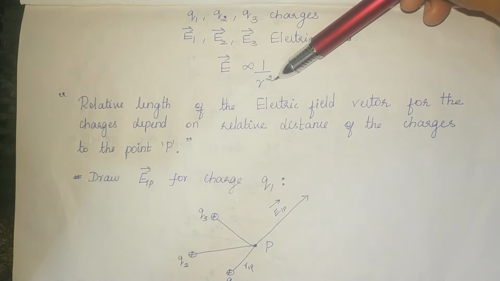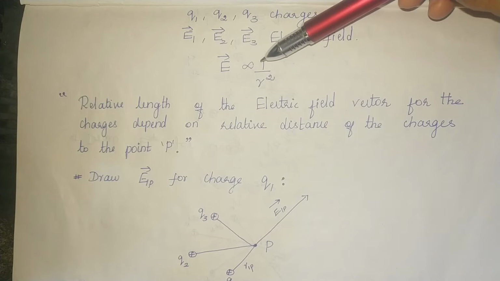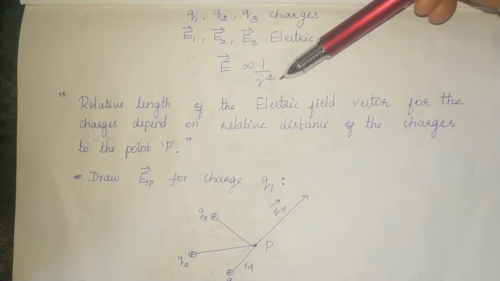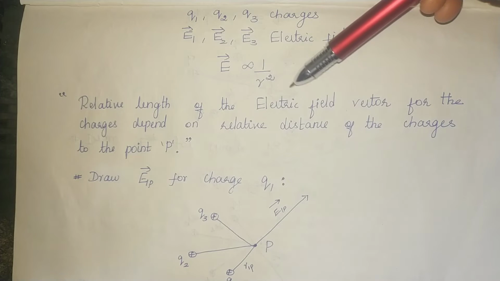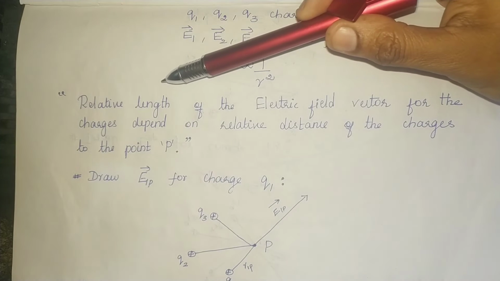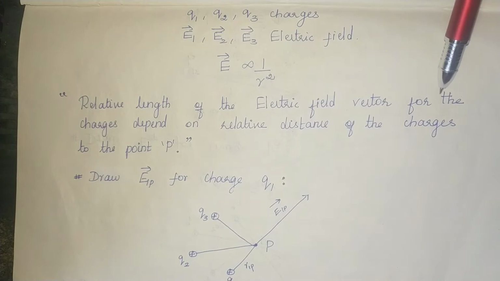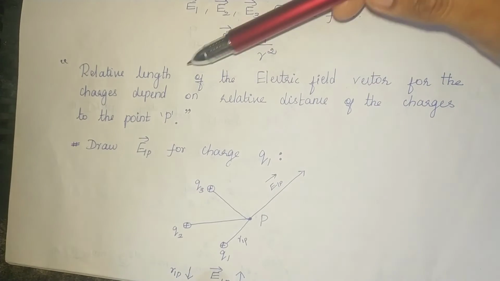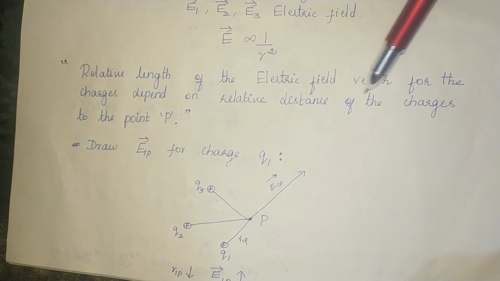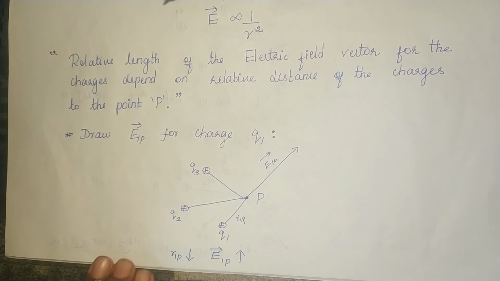E vector is inversely proportional to the square of the distance. That is, the length of the electric field vector depends on the distance. This is given by: the relative length of the electric field vector for the charges depends on the relative distance of the charges to the point P.